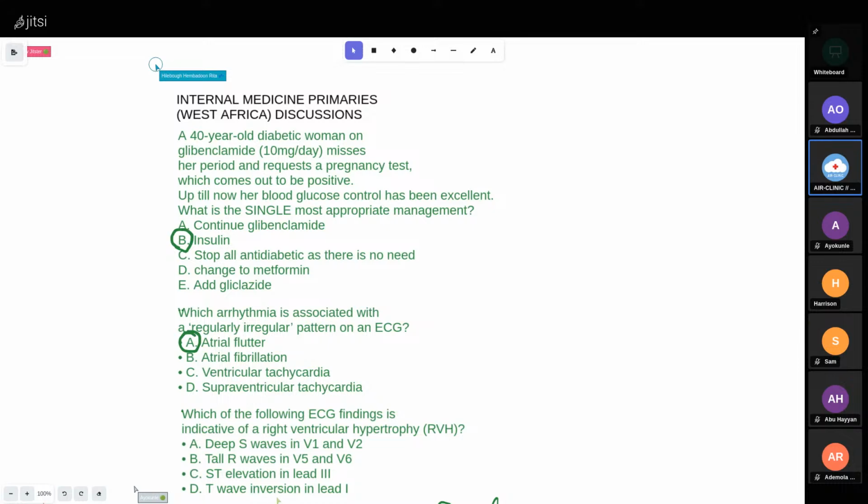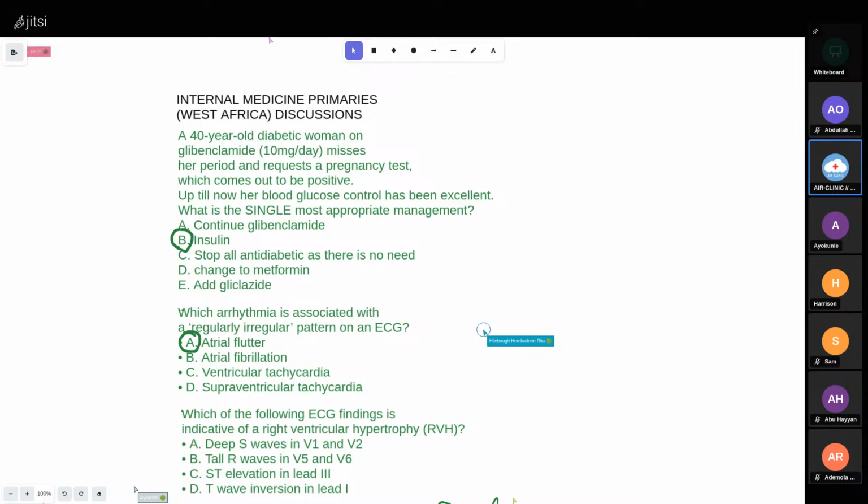So the formula is that for you to know that a patient has left ventricular hypertrophy, you use R wave in V1, okay, or 2, plus S wave in V5 or 6, is greater than or equal to 35 millimeters.